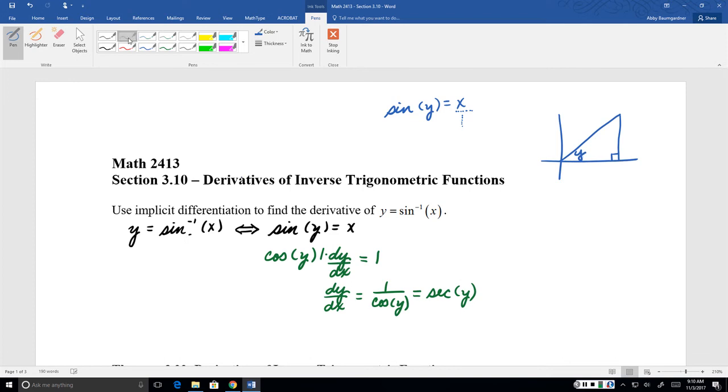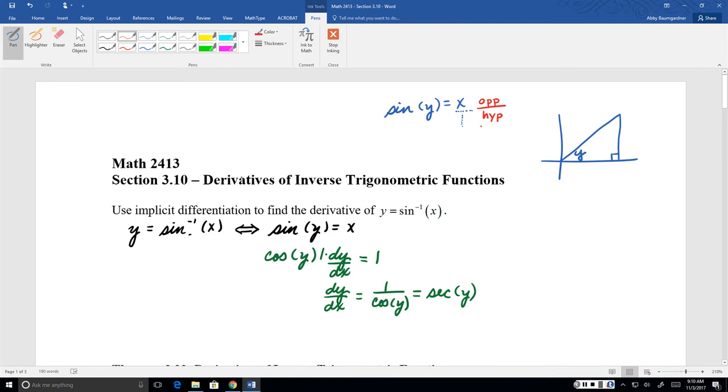And you should remember from right triangle geometry that sine is opposite the angle over the hypotenuse of the triangle.